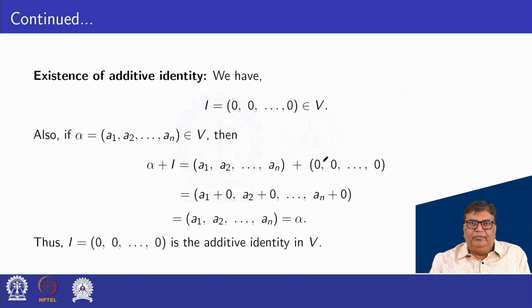So (a1 plus 0, a2 plus 0, and so on, an plus 0) in n-tuples. So a1 plus 0 is a1, a2 plus 0 is a2, and so on, an plus 0 is an. That is alpha. So alpha plus I is equal to alpha. Thus I equal to (0, 0, 0, n times) is the additive identity in V.